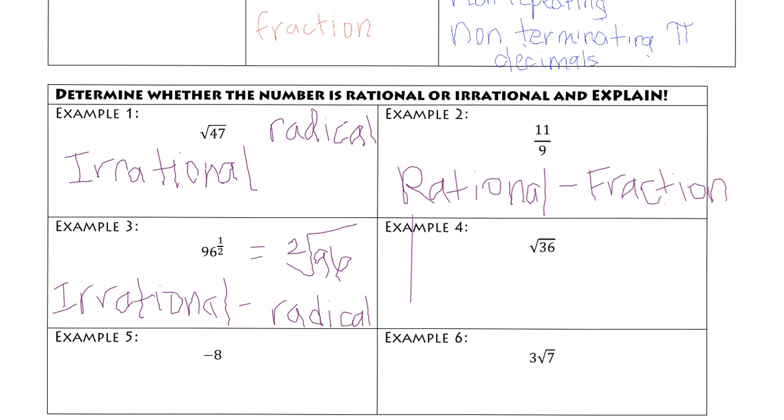It cannot be written as a fraction. Example 4, square root of 36. Okay, square root of 36 looks like the square root of 47, and it's a radical. But this one can be simplified, so we need to be careful. Square root of 36 is just 6, and 6 is an integer. So that would make it a rational number.